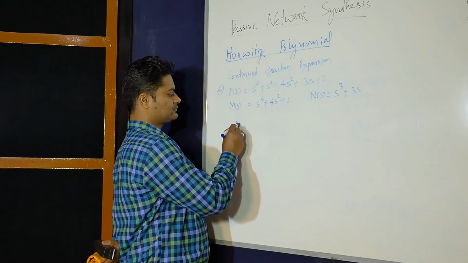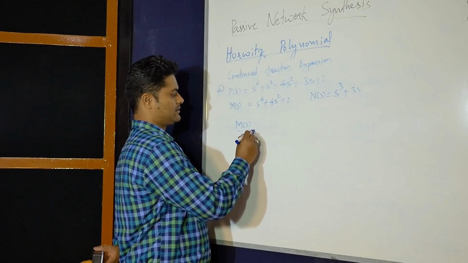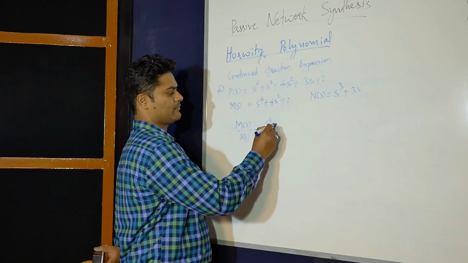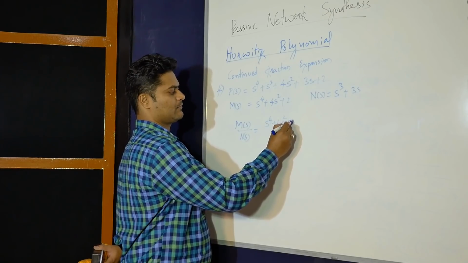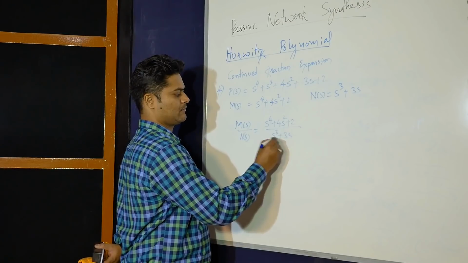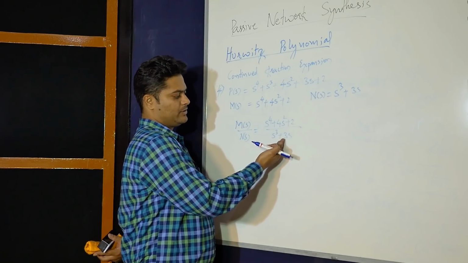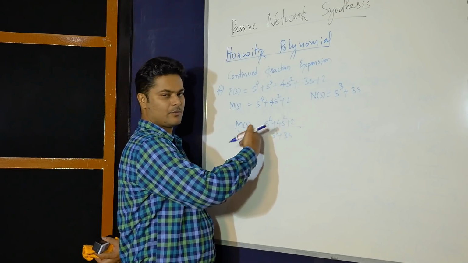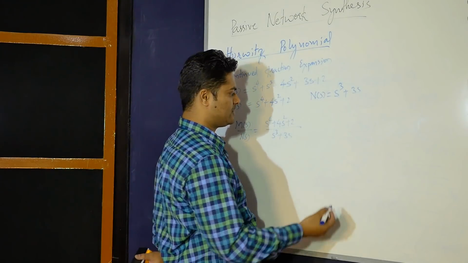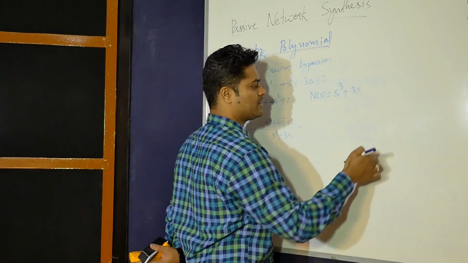So, m of s by n of s. What we have to do is divide the denominator into the numerator in a continued fraction expansion way, and then tell whether the coefficients are positive or not.